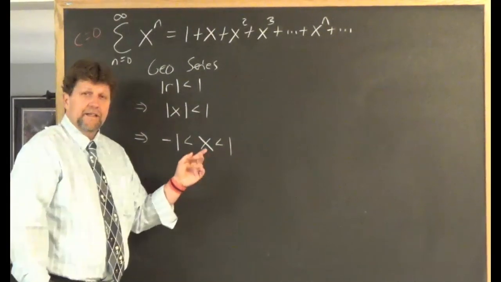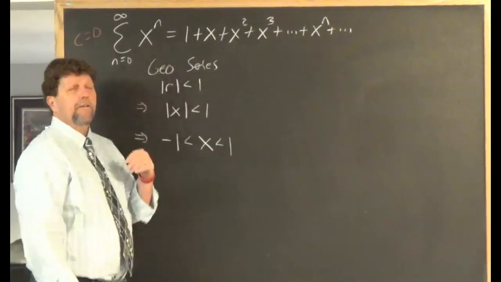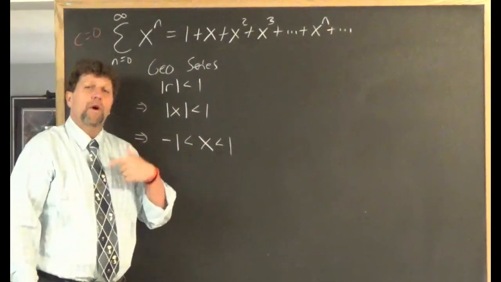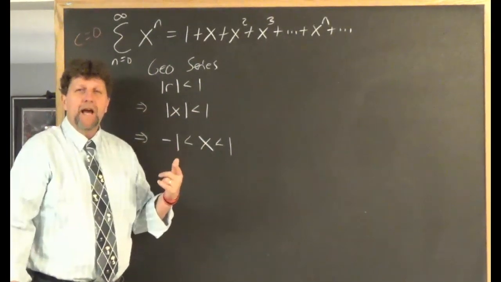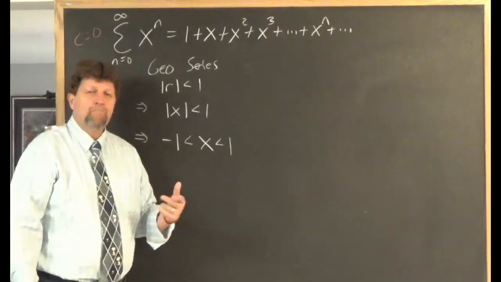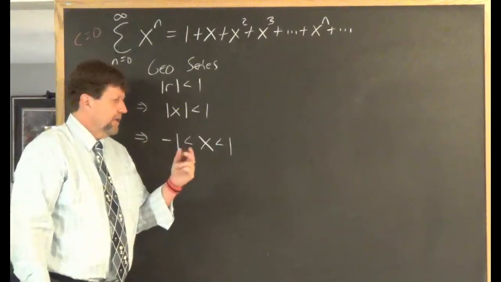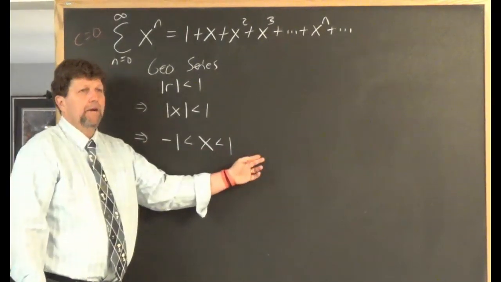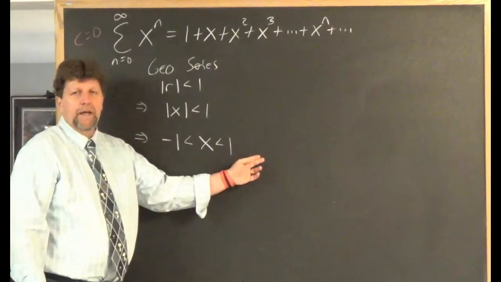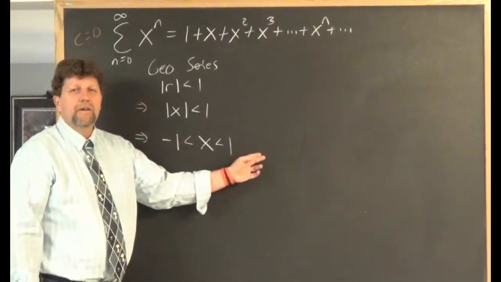1 is not in this interval. And think about it. If you were to pick 1 and put it in here for x, you have the series 1 to the n. That diverges. Fails the nth term test. Pick another x that is not in this interval, say, I don't know, 3 or 18 over 5.